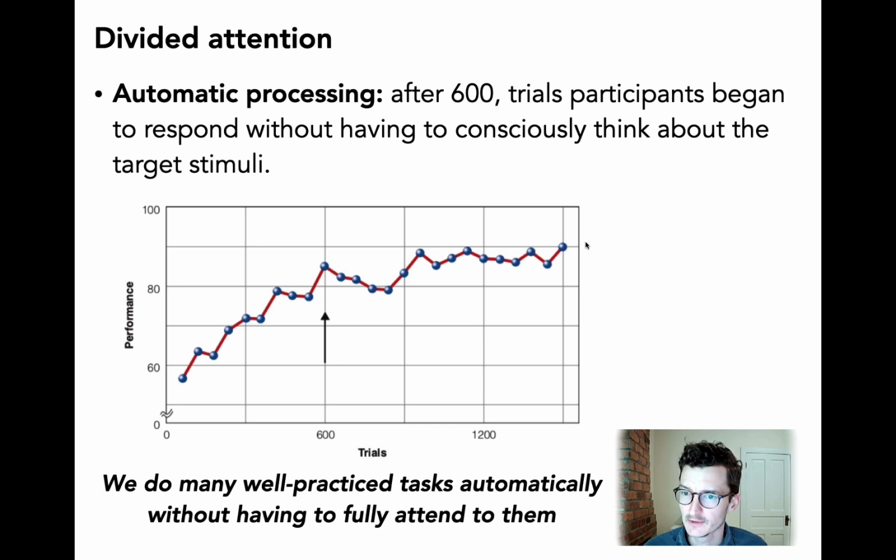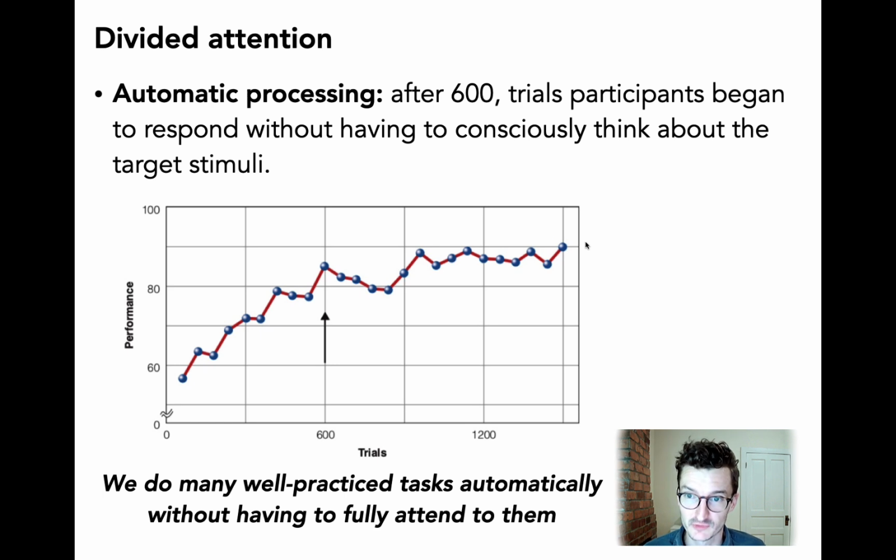Now, you can't learn to do all tasks automatically. So when Schneider and Shiffrin made their task harder, so in the version of the task I just showed you, the test stimuli contain both numbers and letters. You can make it harder by having the test stimuli contain just numbers and just letters.